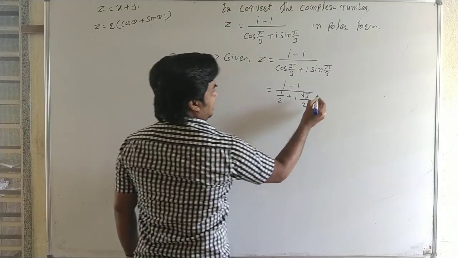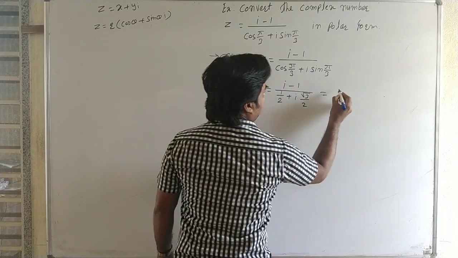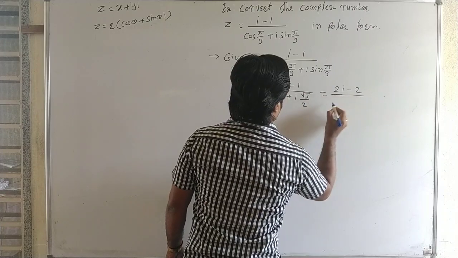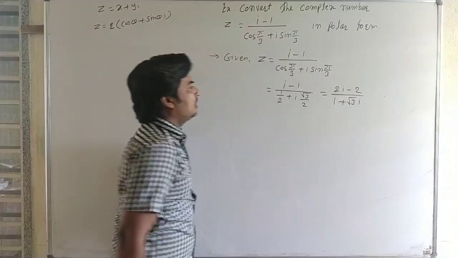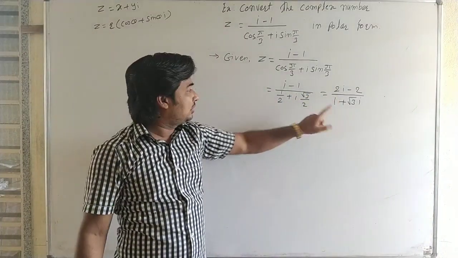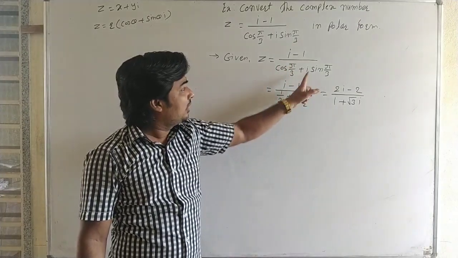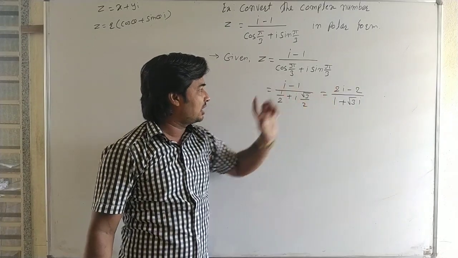Then take the addition. Therefore it is 2i minus 2 upon 1 plus under root 3i, it is the value of z. Now we find the division of these two numbers.